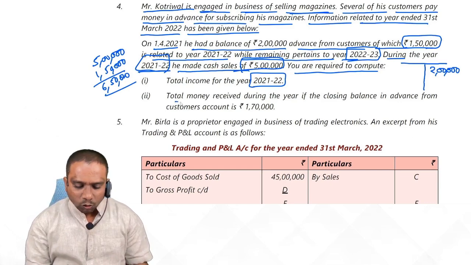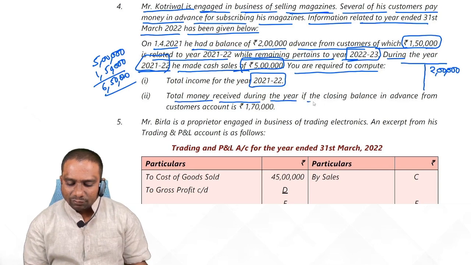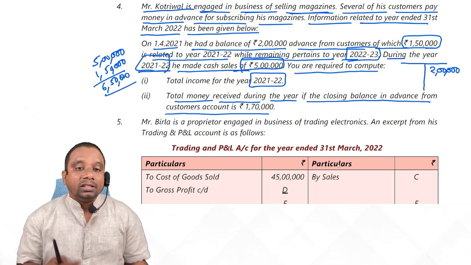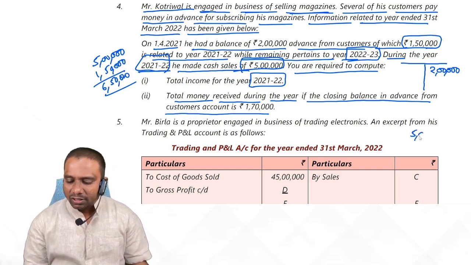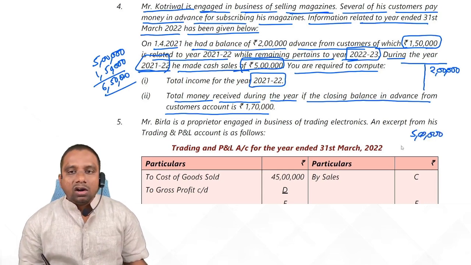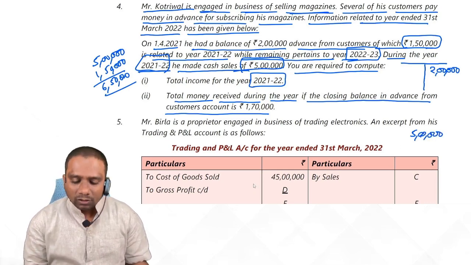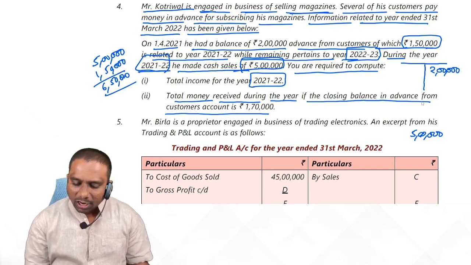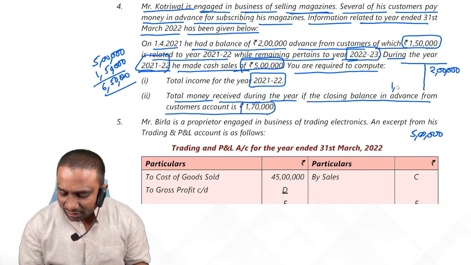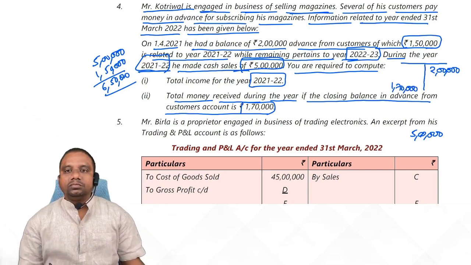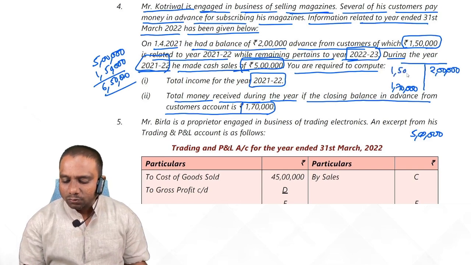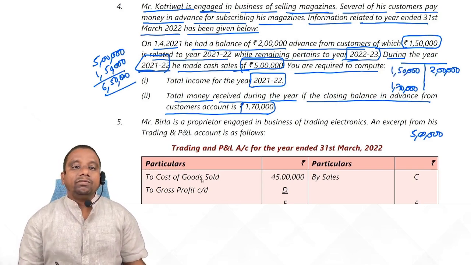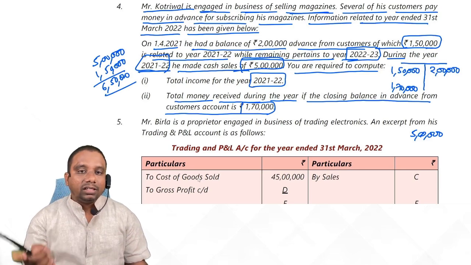Next one. Total money received during the year, if the closing balance in advance from customers account is 1,70,000. They are asking how much cash he received during the year. Already he received 5 lakhs in cash sales, and they are saying advance from customer account balance is 1,70,000. 1,50,000 is relating to the current year, that we adjust.